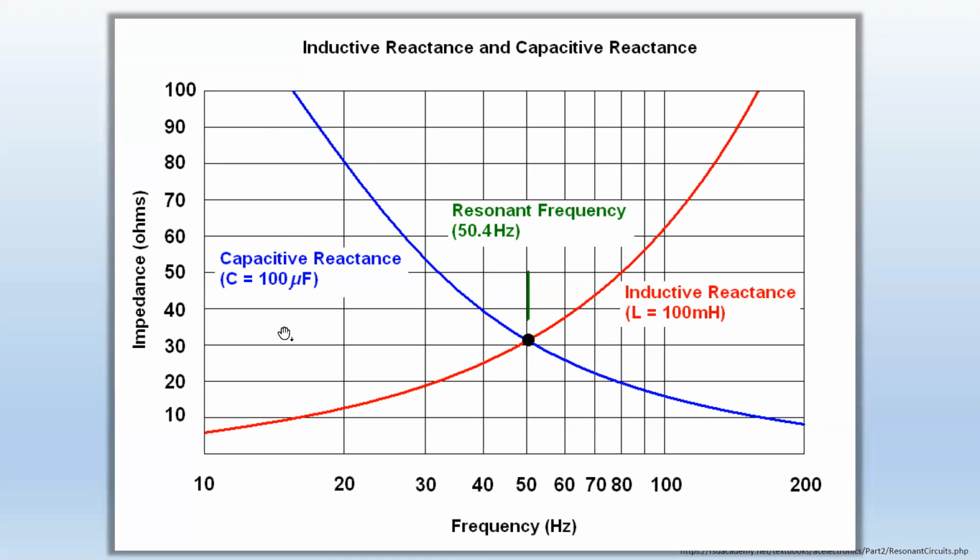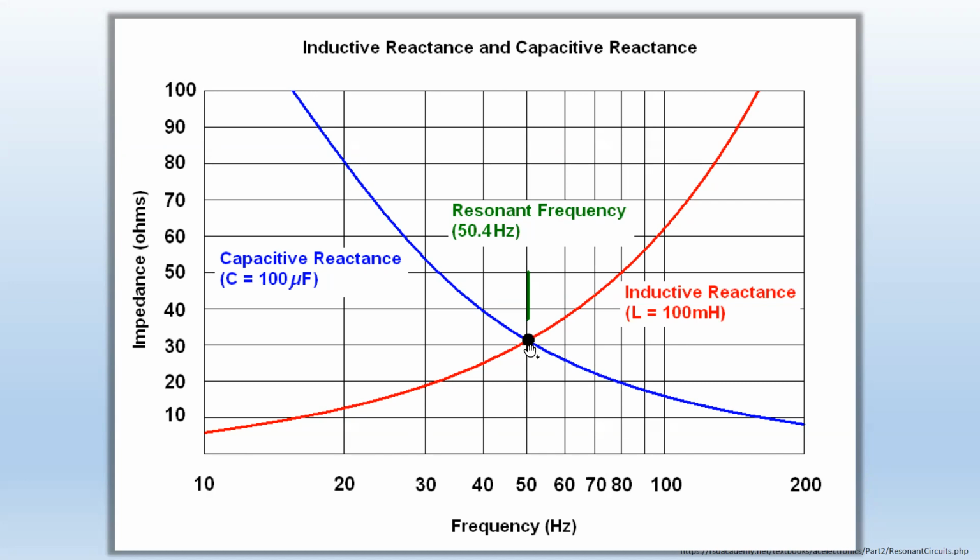Now, if you choose certain values, like for example, if you have a capacitor that has the value of 100 microfarads, and if you have a coil of the inductance value of 100 millihenries, because Henry is the unit for inductance, and if you put them together on the same graph, at some point they're going to have the same reactance, or they're going to resist with the same strength.